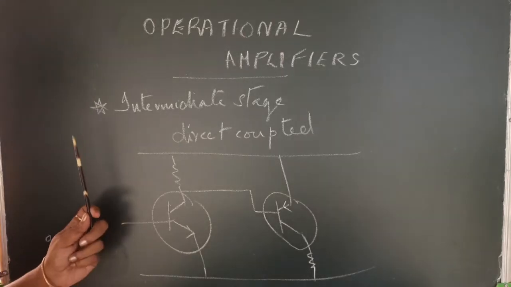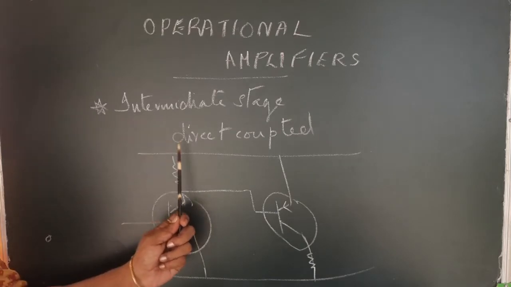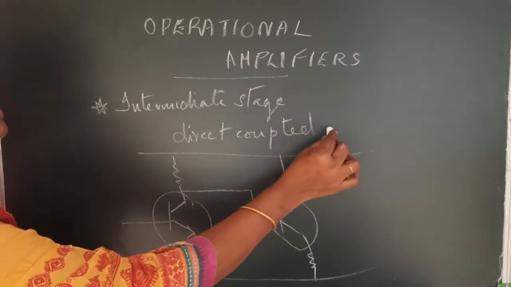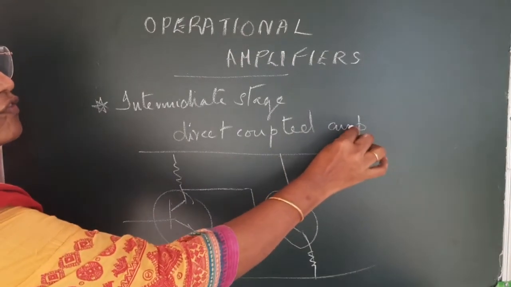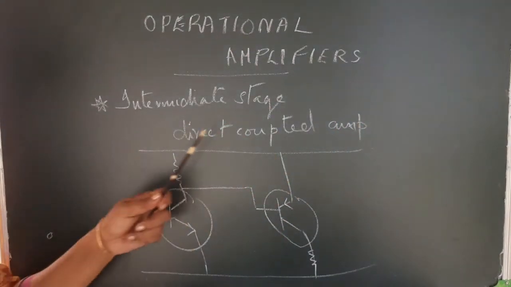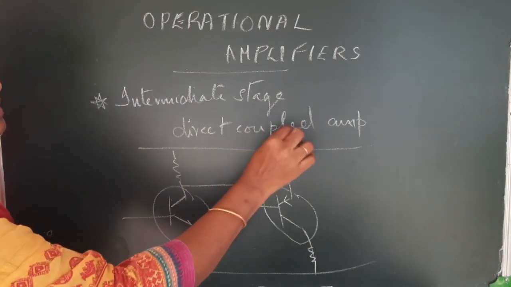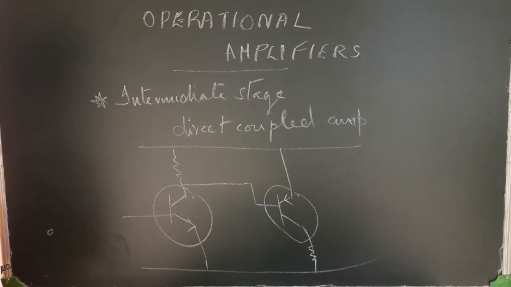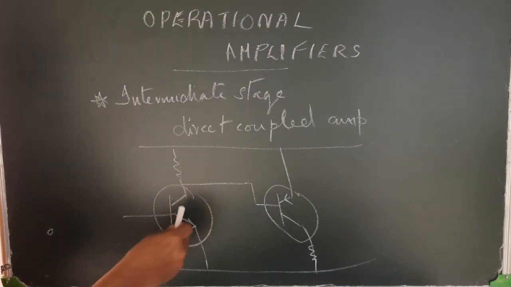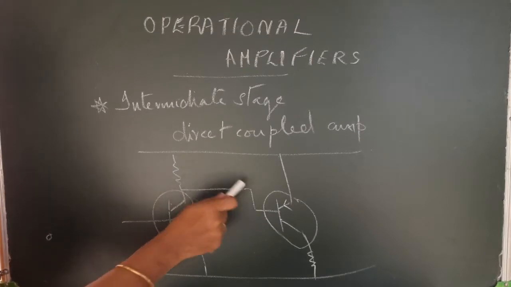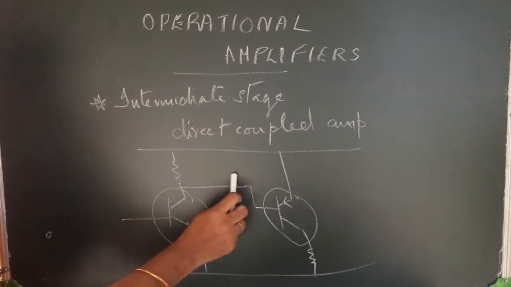Now, the next point is, it is a direct coupled amplifier. That is, the intermediate stages of an OPAMP are direct coupled. What do you mean by direct coupling? One stage of amplifier is connected to the next stage directly.